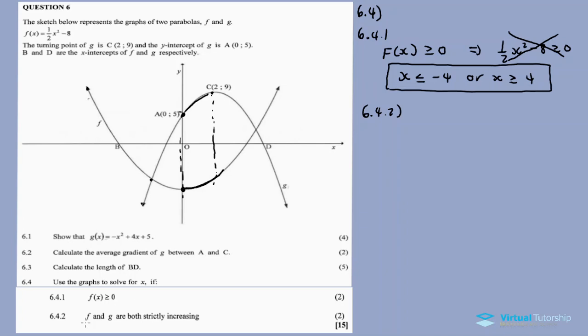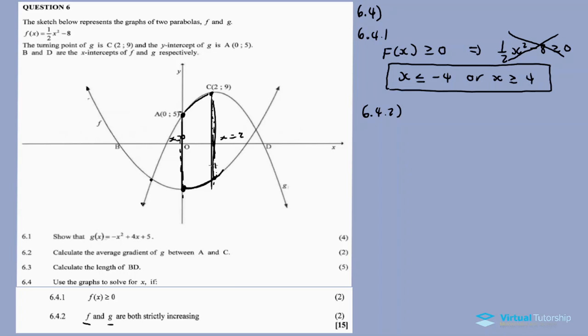But I want where f and g are both increasing. So from here to here, for g we increase. From here to here, f is also increasing. So between these points, both graphs are increasing, where x is equal to 0 all the way up to where x is equal to 2, right?